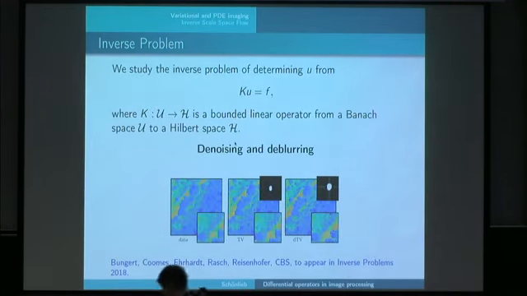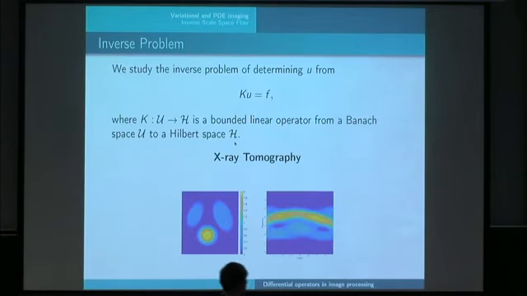And just to give you two examples of where this appears in image processing: K can be a blurring kernel, when what you're measuring is a blurred version of what you are interested in retrieving. Another prominent example is tomography. In this case, the data you're measuring are projections of the image that you want to retrieve, usually noisy projections. So noise is always there in the kind of things that I'm looking at.